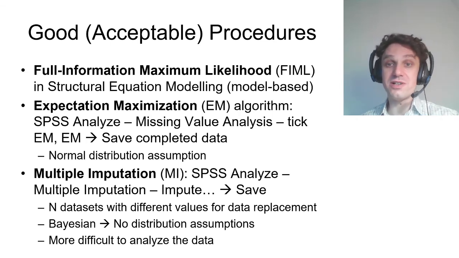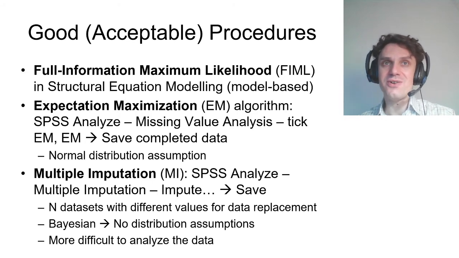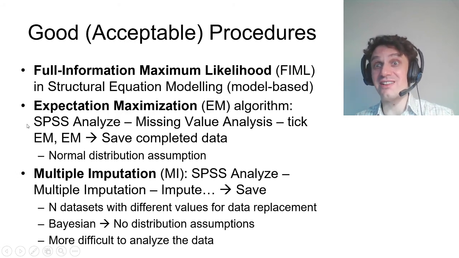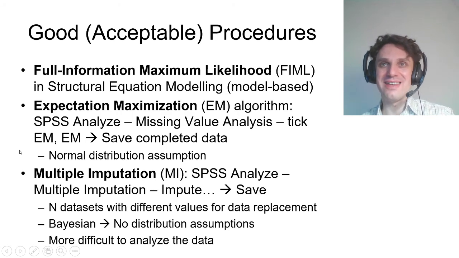However, if you want to actually recover the missing values, you can use 2 other approaches. A simpler approach is called the expectation maximization algorithm, or just EM. That's why in SPSS, under missing value analysis, you get this checkbox called EM. What is expectation maximization?